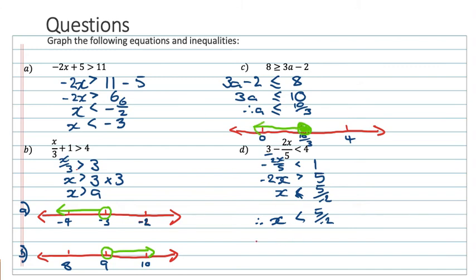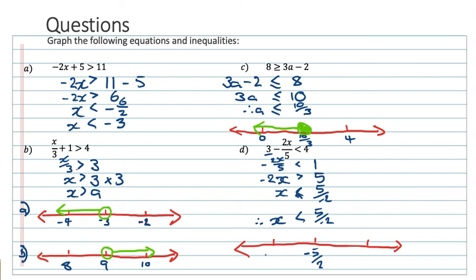And finally, 1, 2, and 3. 5 over negative 2, that's going to be negative 2.5 roughly.